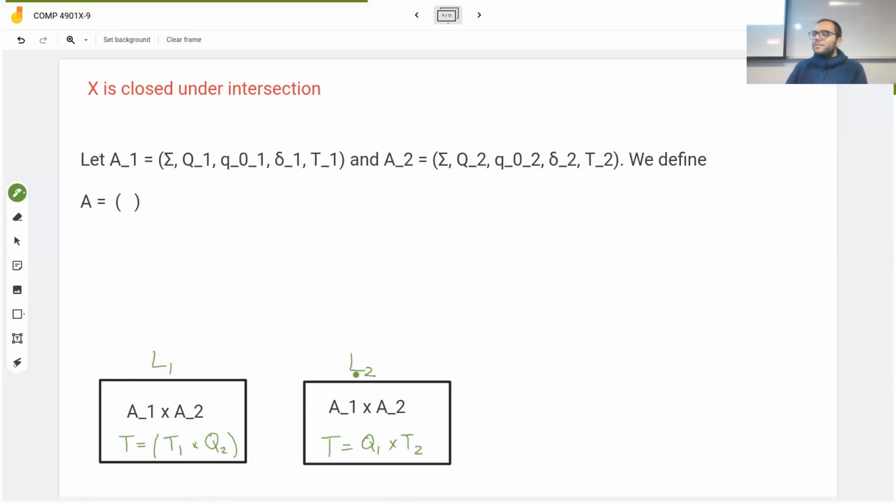The idea of alternation was that I start in L1, and if I get to an accepting state in L1, I say, let's switch to L2. So I take all the outgoing edges of this accepting state in L1, and if they were going to some vertex in L1, I just connect them to the corresponding vertex in L2.